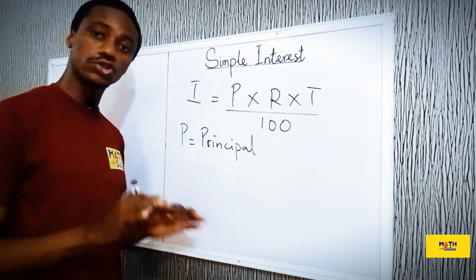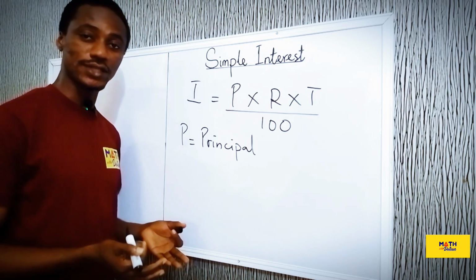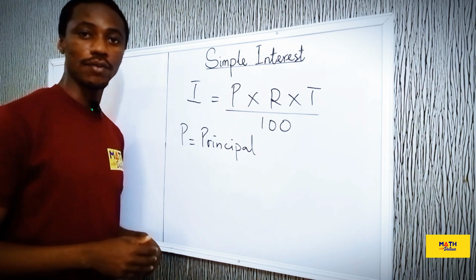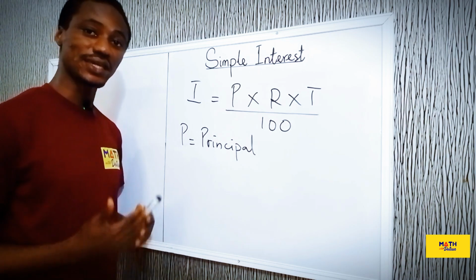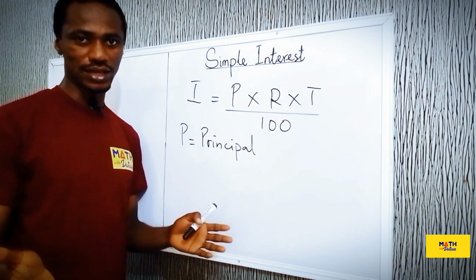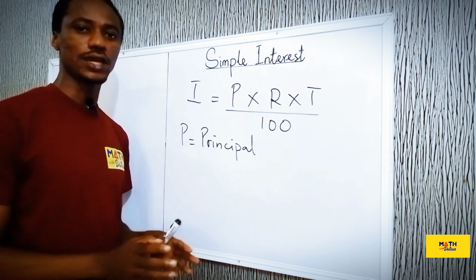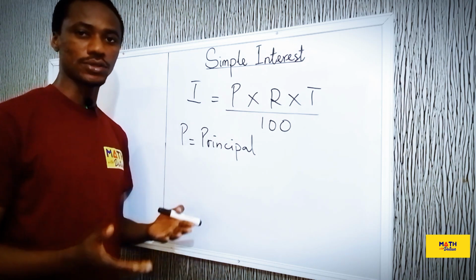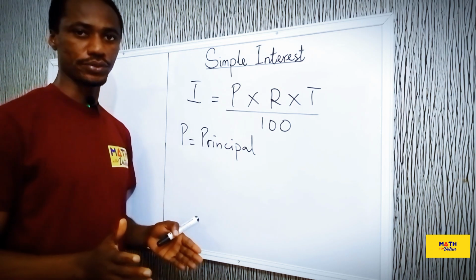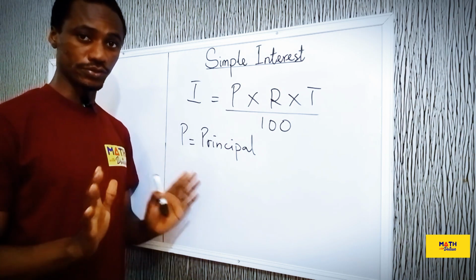Principal is the amount of money invested, or the amount of money you have saved in the bank, or the amount of money someone has taken as loan or borrowed. That particular amount, like in the example I gave earlier, the 1,000 naira is the principal, because that was the amount I borrowed. All right, so that's the principal. The original amount of money is the principal.